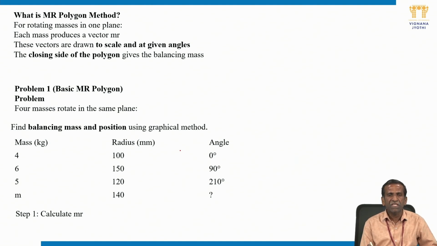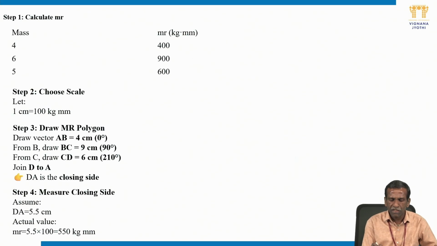You can attempt this problem. MR polygon, that is 4 masses rotating in the same plane, a single plane. So suppose in this case you calculate the MR values. The MR values are shown here. This is 400 kg mm.